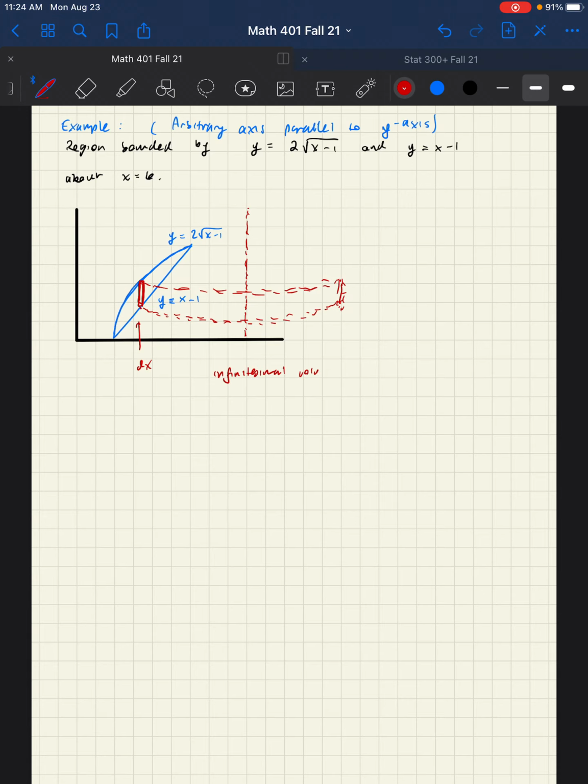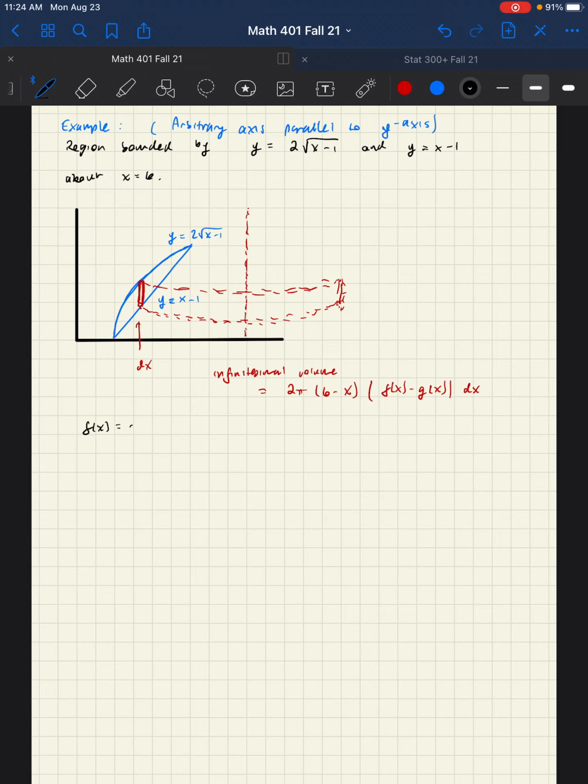That means when we set up the infinitesimal volume, we're going to have 2 pi times 6 minus x, because we're talking about distance from the x equals 6 line, and then the difference between the upper curve and the lower curve, and then dx. And again, our lower curve is x minus 1, and our upper curve is 2 square root of x minus 1.